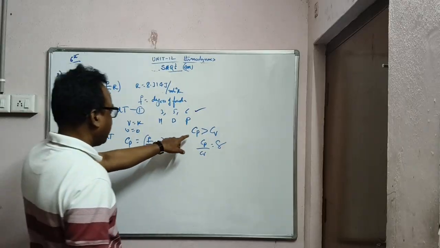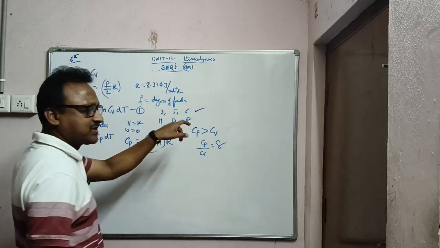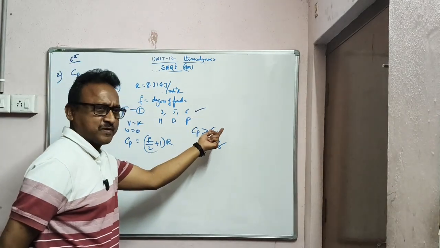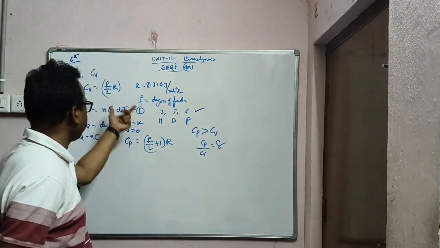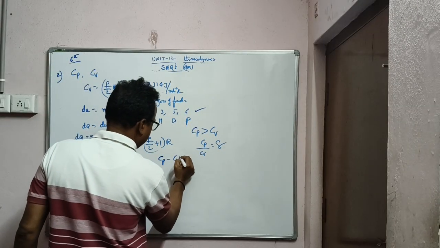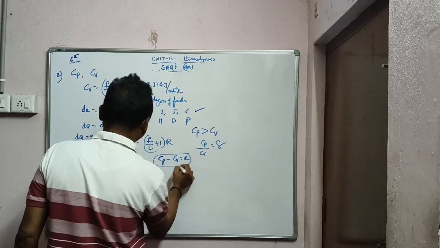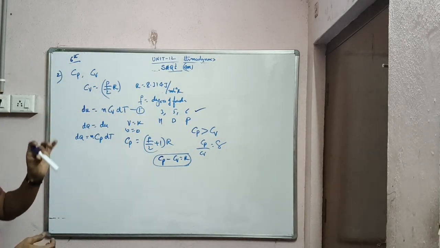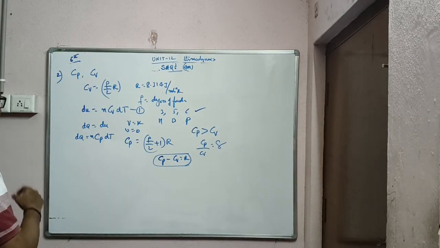The molar specific heat at constant pressure is always greater than the specific heat at constant volume for these reasons, and Cp minus Cv is equal to R.